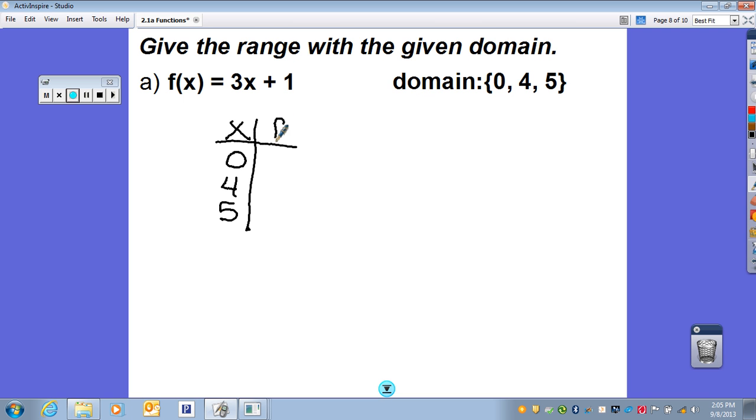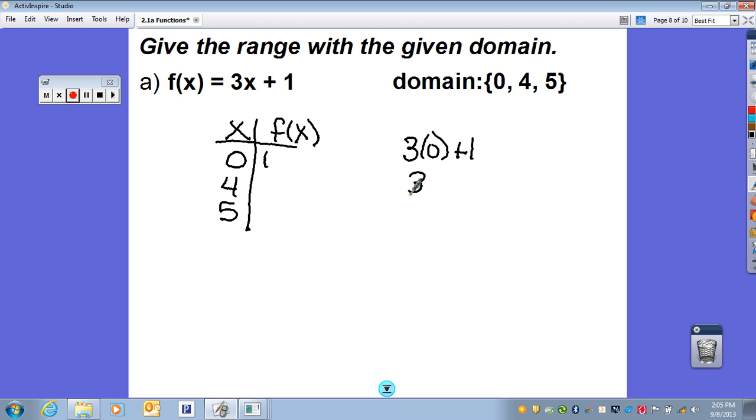We're looking for the f of x, which is the output. So what we'll do is we'll take the 0 and we'll substitute that in. So 3 times 0 is 0, plus 1 would equal 1, and that is my range, or my output.